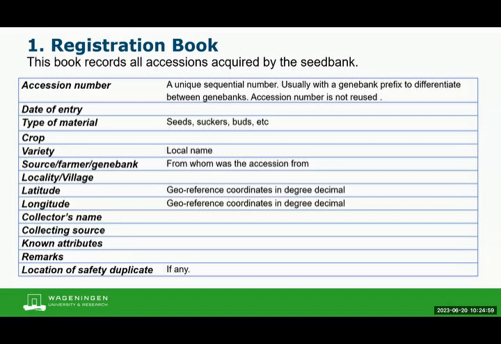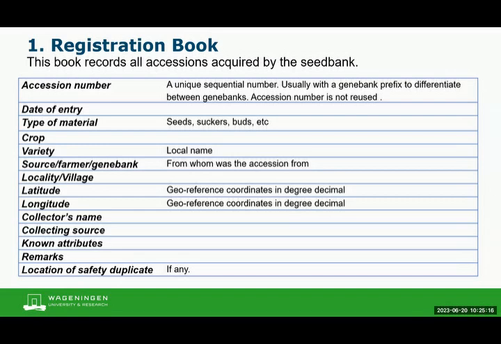Then the source farmer, maybe the gene bank from whom the accession has come. Then the locality, latitude and longitude, the GPS location. If we can do the georeferencing, it is very good, from where it has been collected or from where it is coming from.